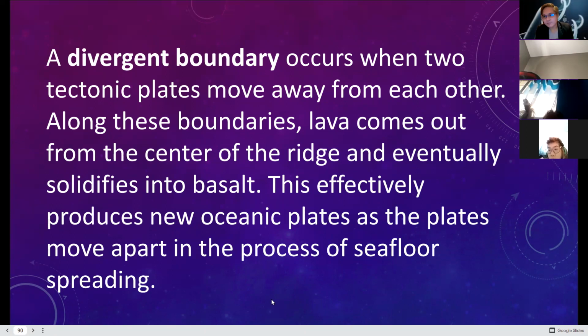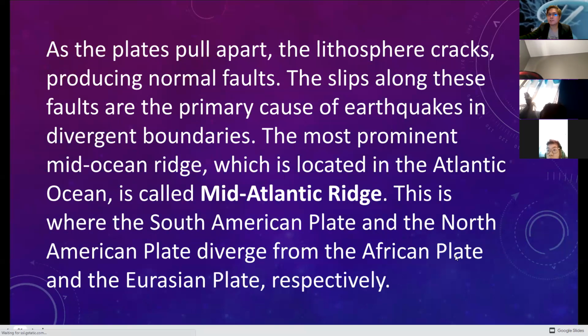Take note, the movement of your plate also gives a movement in your seafloor. This is because of the divergent boundary, because they're actually moving away from each other, and creating now oceanic plates.